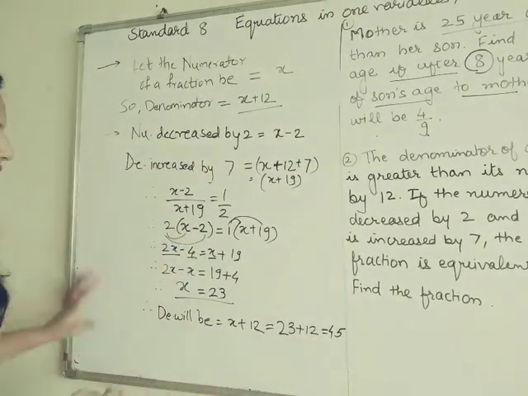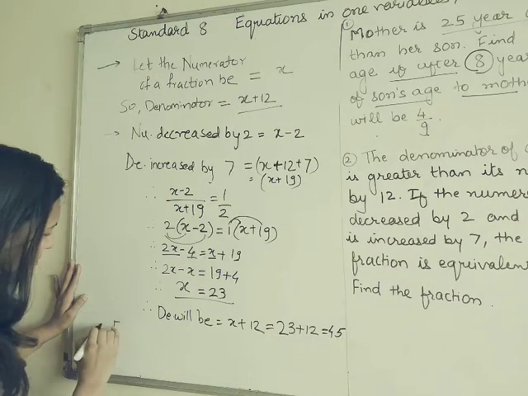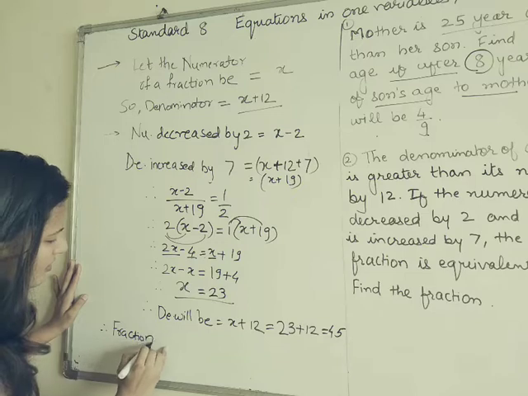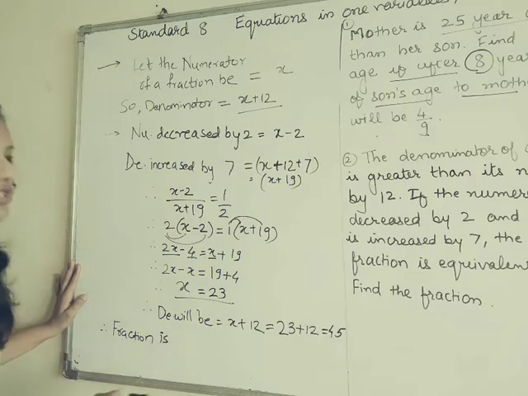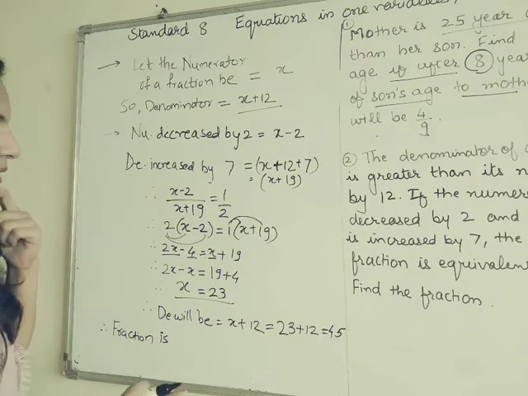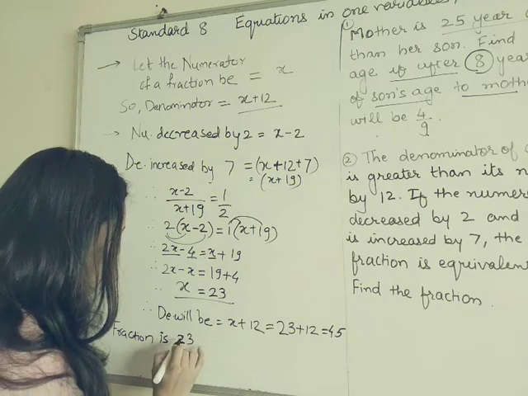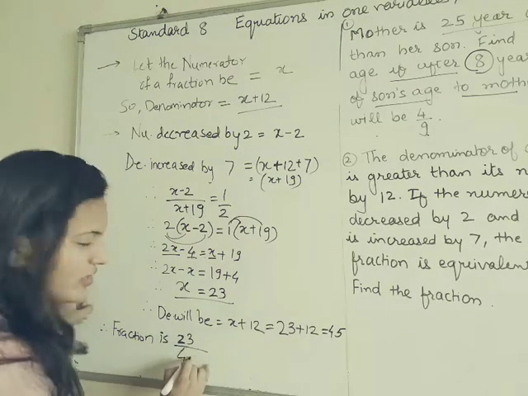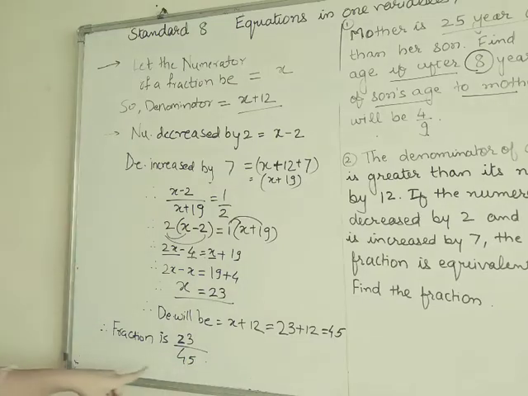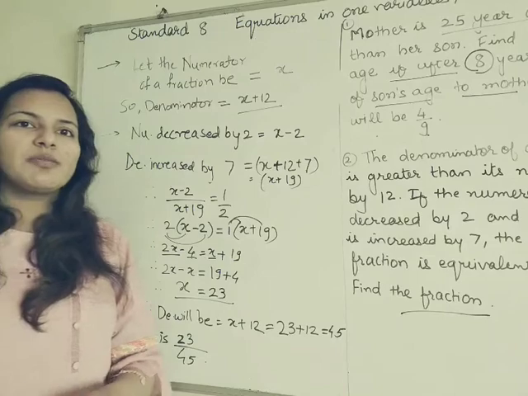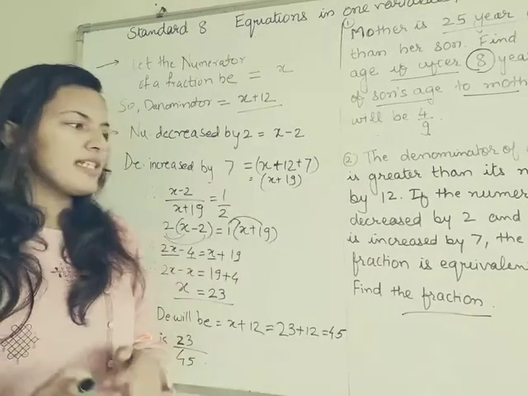So the fraction, what is the fraction? Numerator divided by denominator. The numerator is 23, divided by 45, which is the denominator. So here we got the fraction, and it was expected. I hope you understand this problem. So let's start with the next problem.